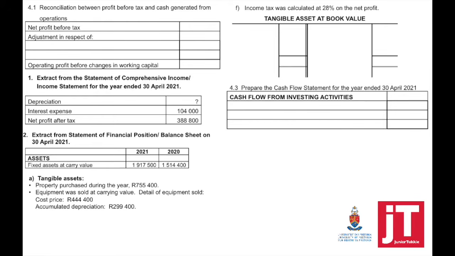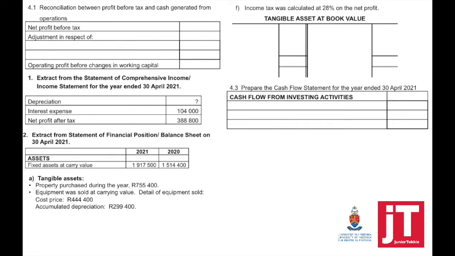If I start with the reconciliation between profit before tax and cash generated from operations, we need to look at the net profit before tax. To find the net profit, we need to go to our income statement. But now they provided us with the net profit after tax, which means we need to calculate the net profit before tax.